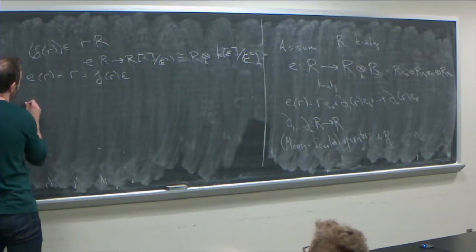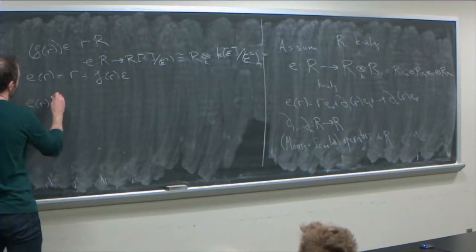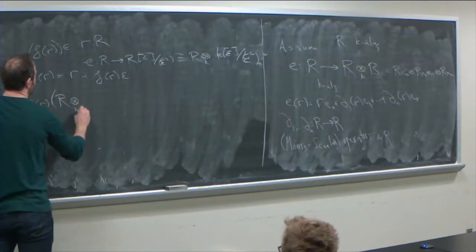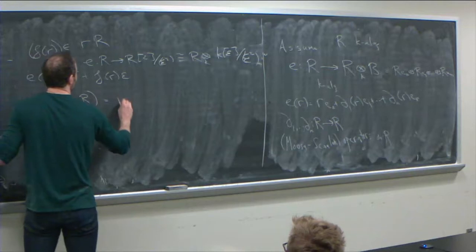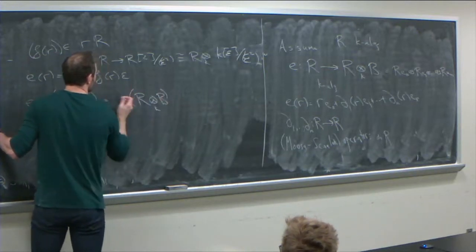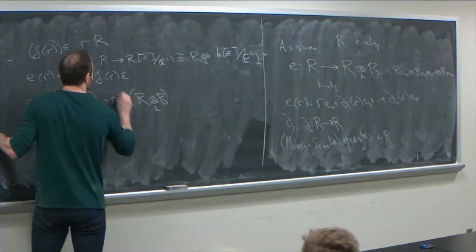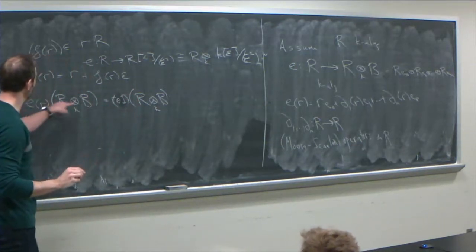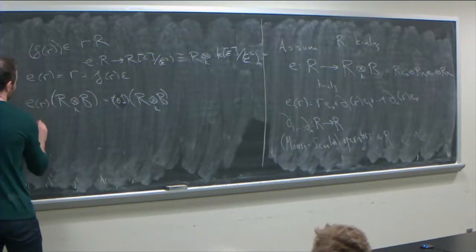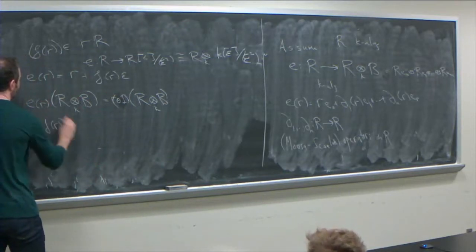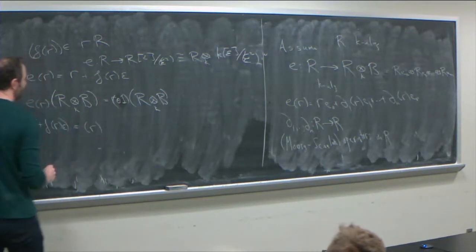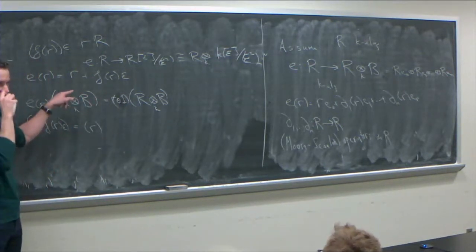Saying this is just saying that E of I, the ideal in here, should be the same as, well, maybe I should write R tensor 1. So we have a natural copy of R in here, which is just R tensor 1. And we just want to say that the ideal generated by this guy should be the ideal generated by this guy. Right? That was invariance.